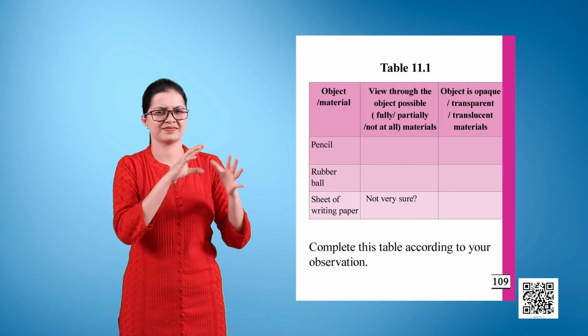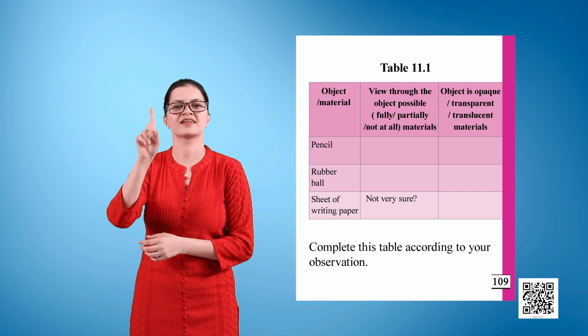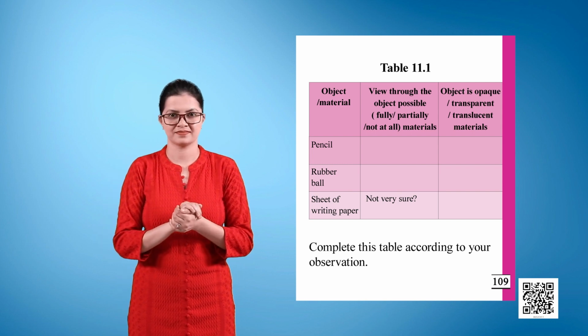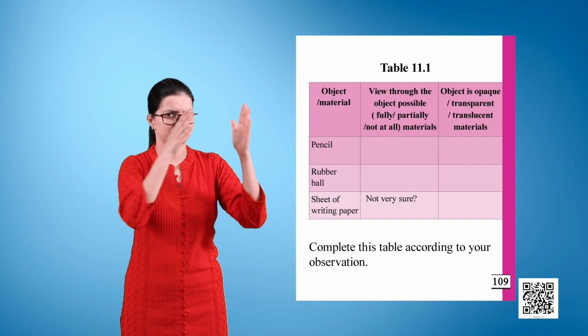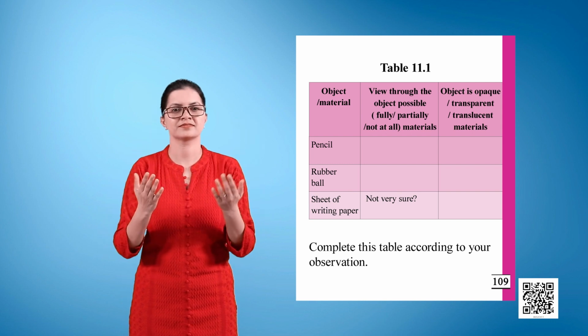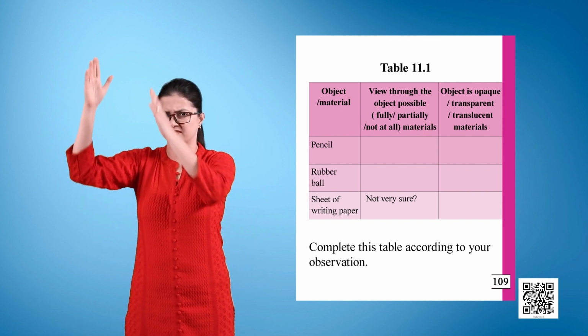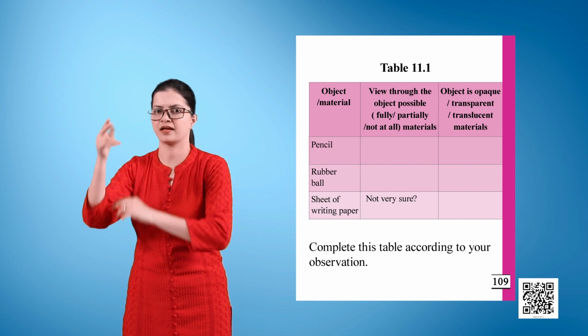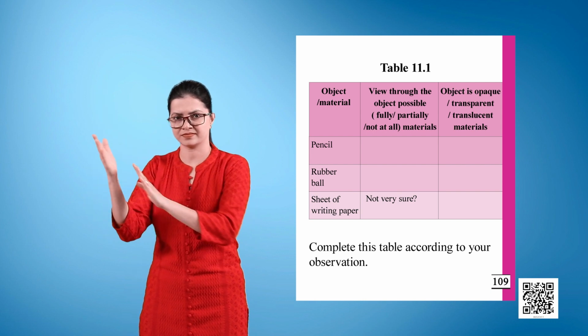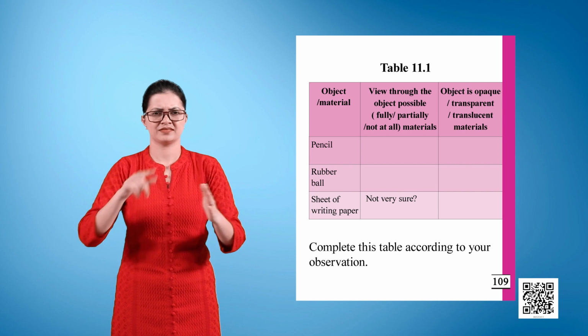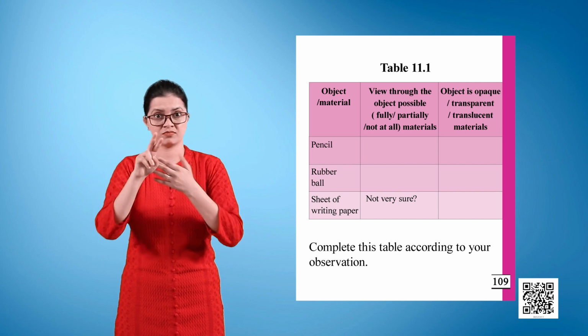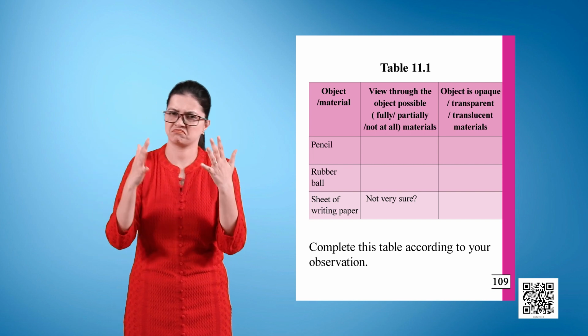Figure 11.1 shows you are given a table which is divided into 3 columns. One is for object or material. Second is for view through the object possible, fully, partially, or not at all.